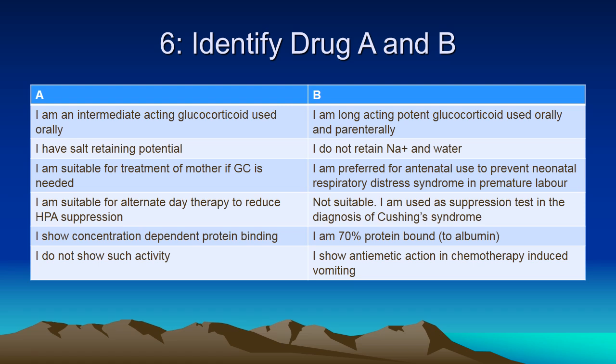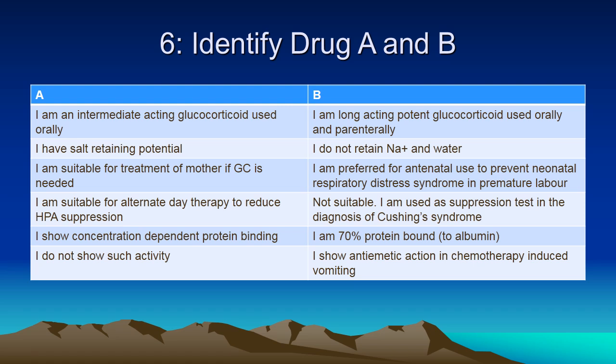Identify drug A and B. A is an intermediate acting glucocorticoid, which is used orally. B is a longer acting glucocorticoid used orally and parenterally. A has salt retaining potential greater than B. A can be used for the treatment of a mother if glucocorticoid is indicated.